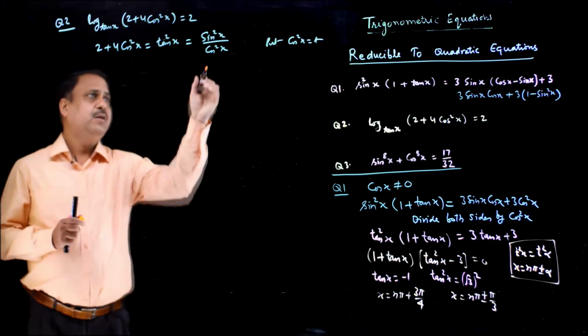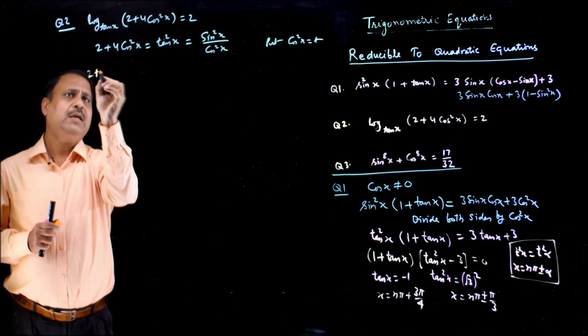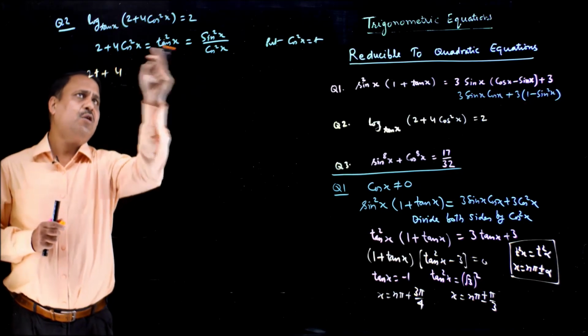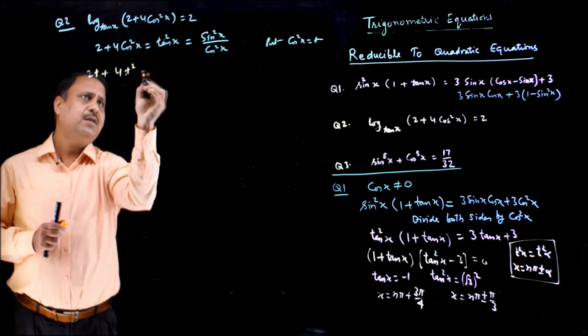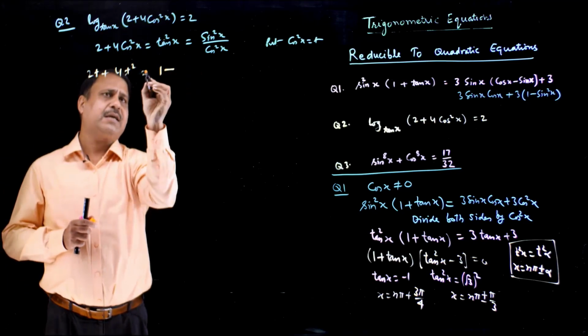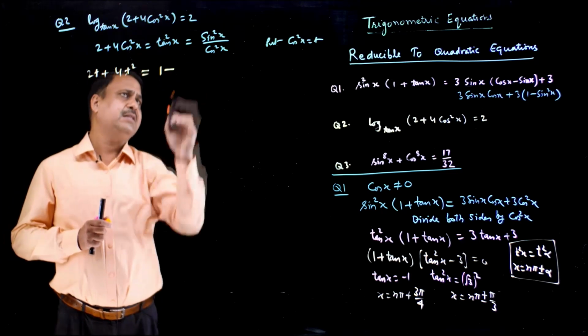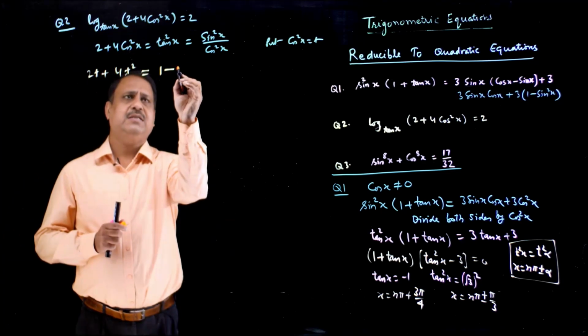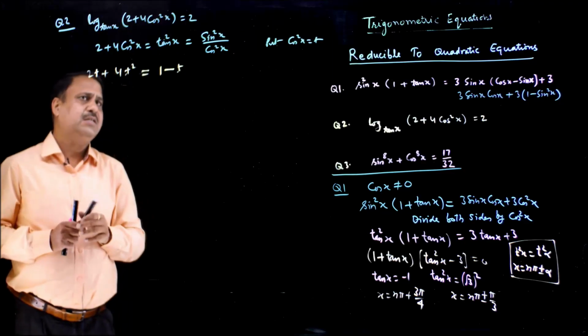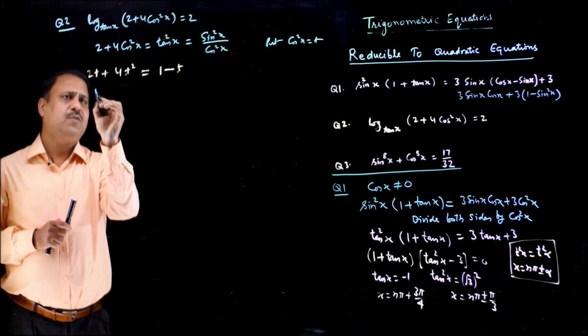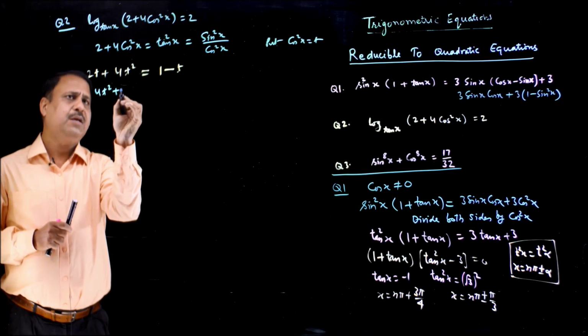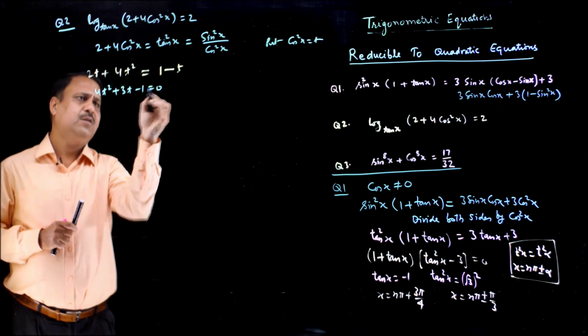So we will get 2 plus 4t, and sin square x is 1 minus cos square x, that is 1 minus t. So this we can simply write as 4t square plus 3t minus 1 is equal to 0.